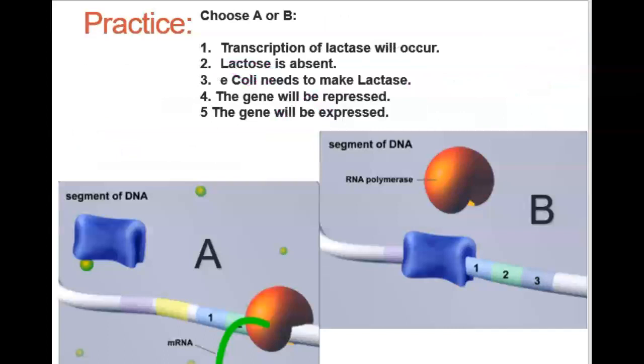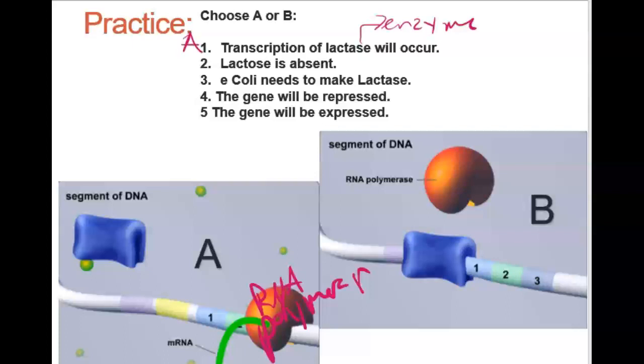All right, A or B, you've got to decide which scenario. Number 1, transcription of lactase, that's the enzyme, will occur. Well, the only way lactase will be transcribed is if the RNA polymerase can get to the DNA. So A. Lactose is absent.